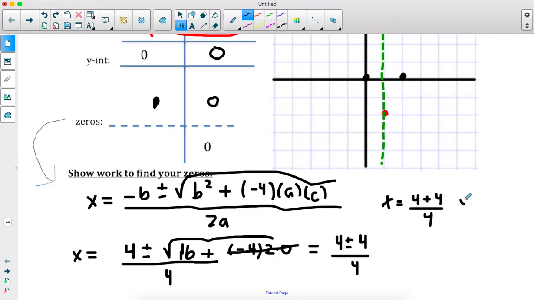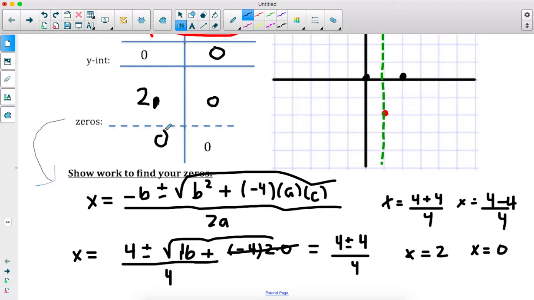And the second one will be 4 minus 4 divided by 4. Well, 4 plus 4 is 8, divided by 4 is 2. So one of my x's is 2, which means on the graph that'll be (2, 0). Okay, the other x will be 4 minus 4, which is 0. 0 divided by 4 is still 0.